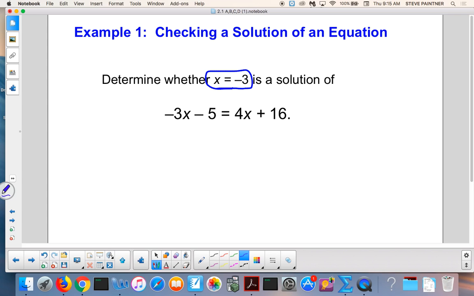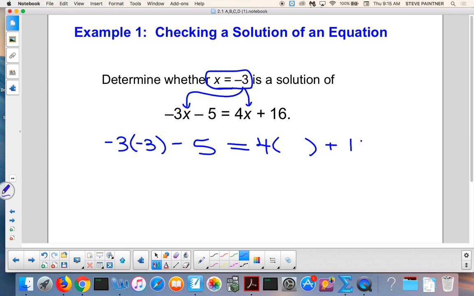I'll give you half a minute or so. Kind of like chapter 1, isn't it? It's called evaluating. Evaluate means drop a number into x.